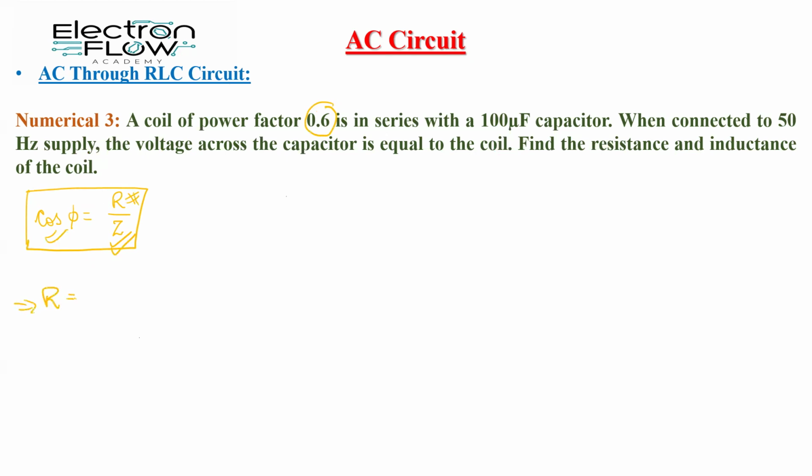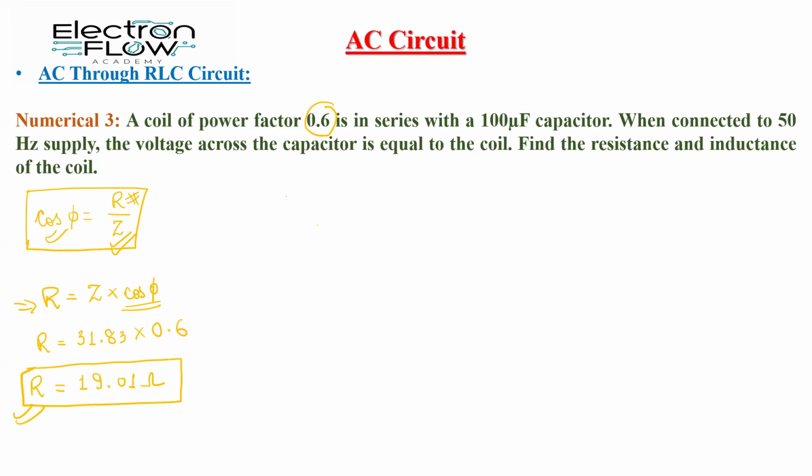R is equal to Z multiplied by cos phi. The impedance is 31.83 and the power factor, cos phi, given to us is 0.6. So the value of the resistance of the coil is equal to 19.01 ohms. Here we have also calculated the value of resistance.